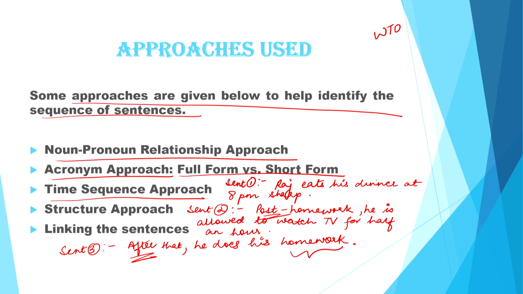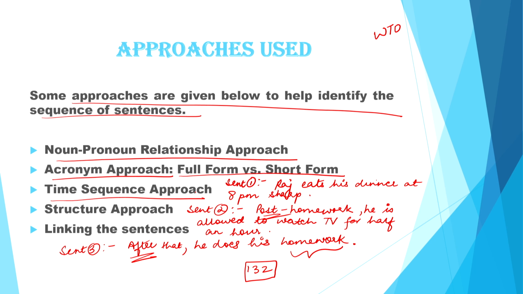Hence, the correct order is 1, 3, 2. This is the correct sequence. Fine. So, this sequence makes sense. So, after arranging it, the flow of sentences will be: Raj eats his dinner at 8 p.m. sharp. After that, he does his homework. Post homework, he is allowed to watch TV for half an hour.